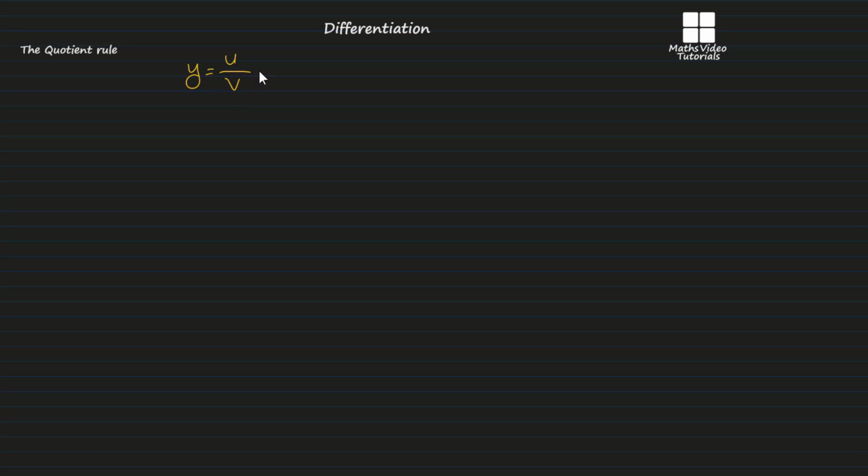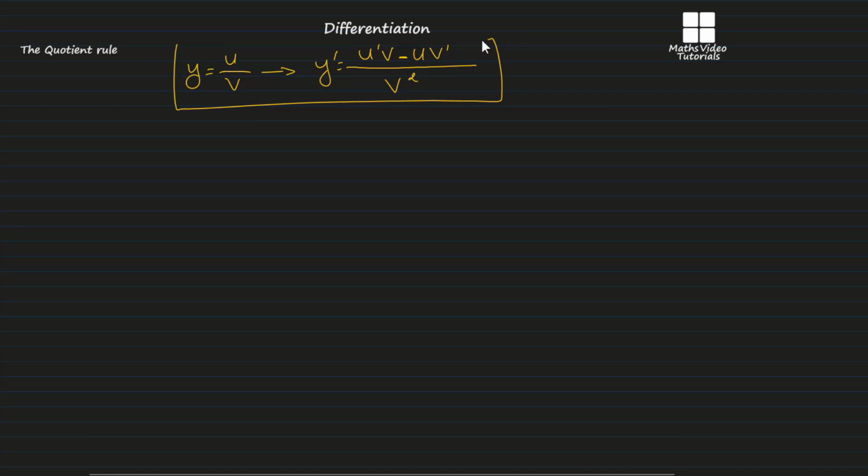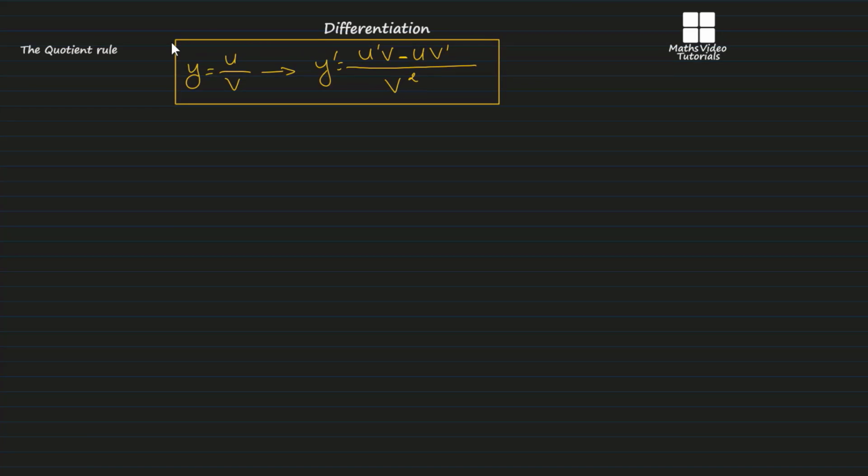To find the derivative, you first differentiate u and multiply it by v, and you subtract the function u times the derivative of v, divided by the denominator squared. So that's the formula or the method of differentiating quotients. So let's have a look at an example, see how we can apply the quotient rule.